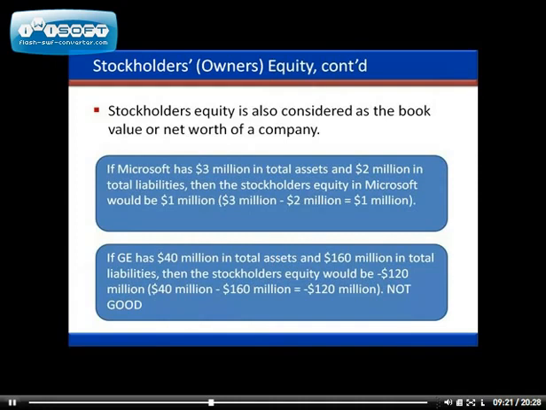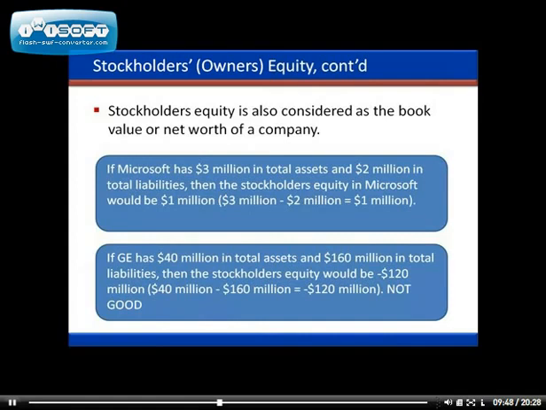And just think about this for a second. Let me put this into perspective here. Let's say that Microsoft said that they were going to shut down operations, going to go out of business. Well, if that was to happen, Microsoft can liquidate the entire company for $3 million and pay off all of its debt and have $1 million left over to pay to all of the stockholders, who are owners in the company.